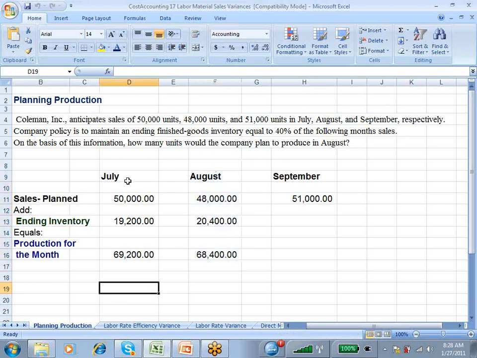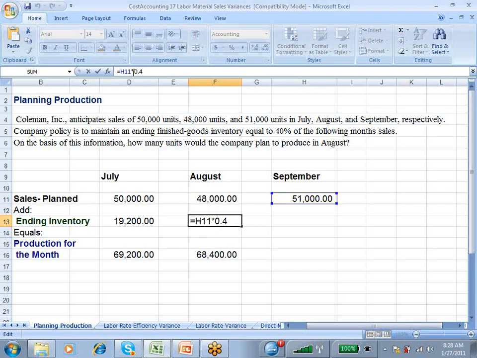Well, we have to roll forward from July to get to the information that we're going to need in the August column. The 48,000, the sales for August, is given in the question. The ending inventory takes some computing, however. What we're asked to do as an estimate is include 40% of the next month's sales, which is the 51,000 in September, as ending inventory in August.